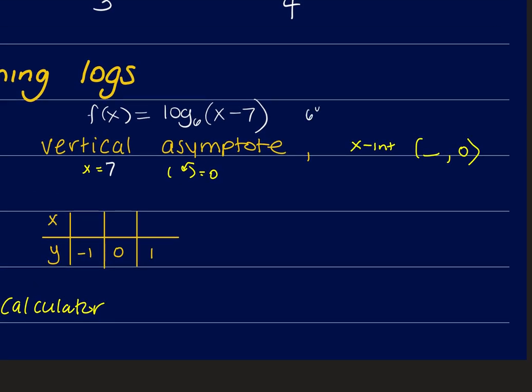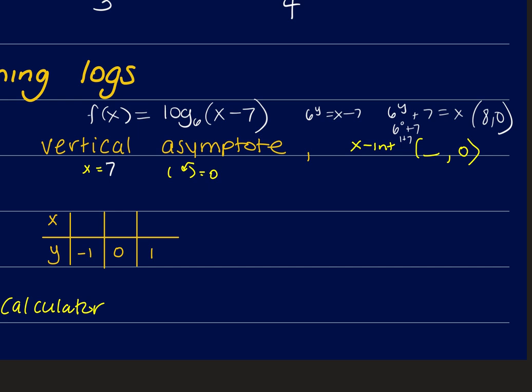This would be 6 to the y equals x minus 7, so 6 to the y plus 7 equals x. And if I want the x-intercept, I plug 0 in for y. So I get 6 to the 0 plus 7, or 1 plus 7, which is 8. So I should be able to get the x-intercept relatively easily too.